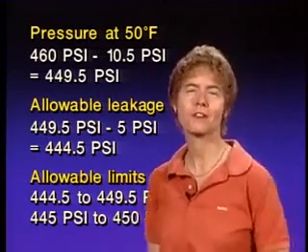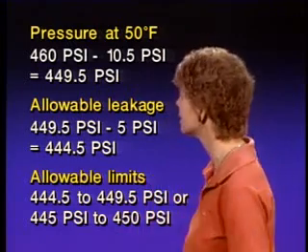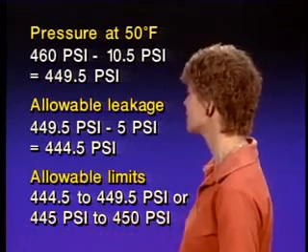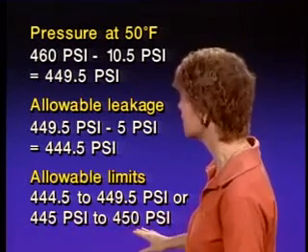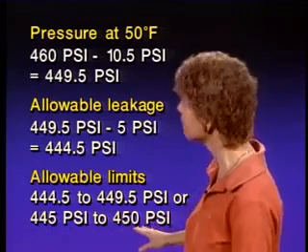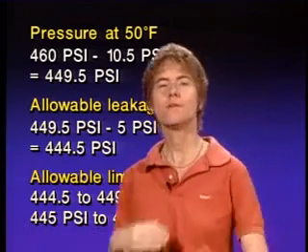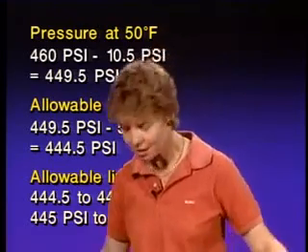If you round those off, as the FAA will on the test, the allowable readings would be from 445 psi to 450 psi. 450 psi if you had no leakage at all, 445 psi if you had the maximum leakage that the system does allow.